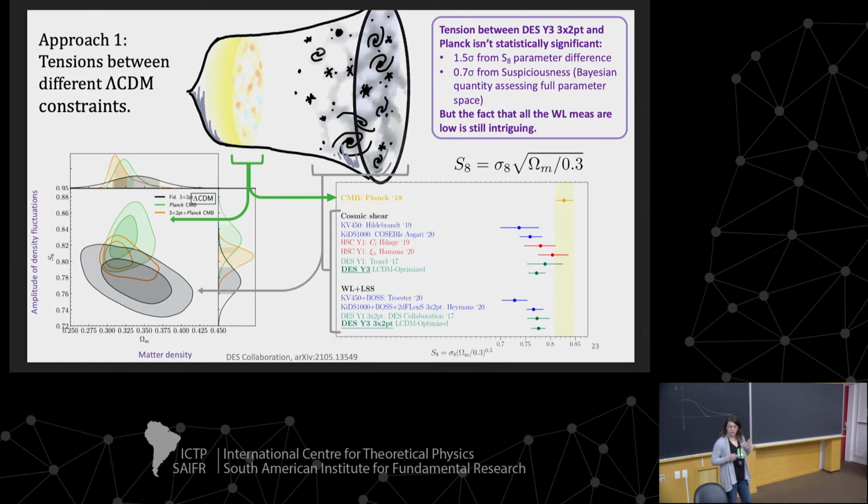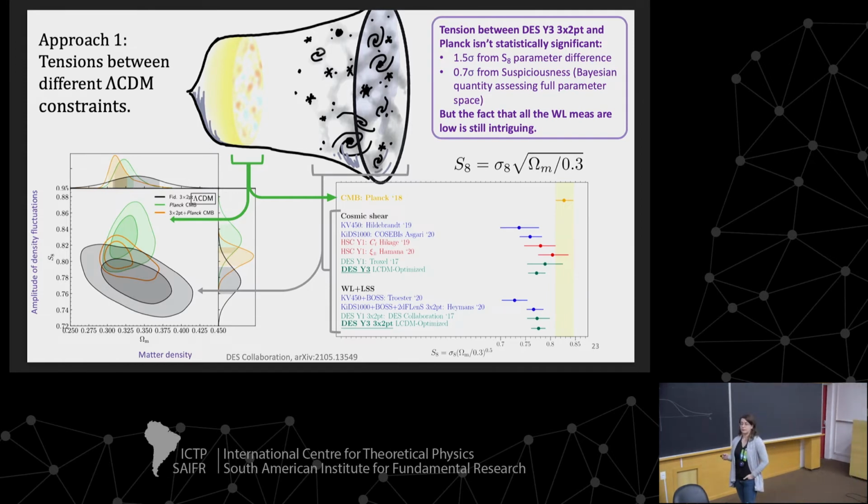As I mentioned early on, one way that we can test our standard cosmological model, sort of the first step towards doing this, is to look for tensions and ask whether the constraints we're getting from DES measurements of large-scale structure at redshifts less than about 1 agree with what you'd expect given measurements from the cosmic microwave background extrapolated forward with lambda CDM.